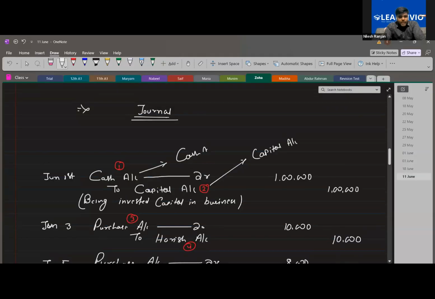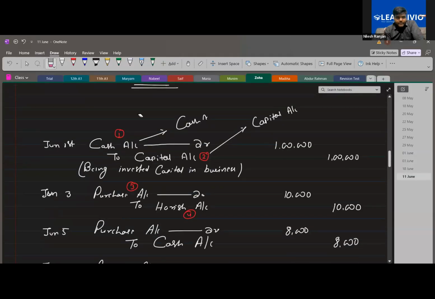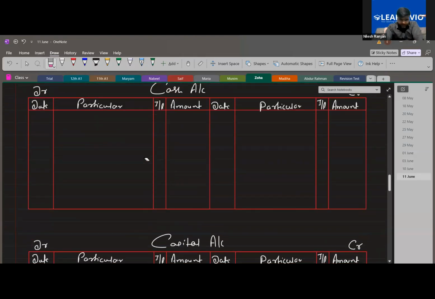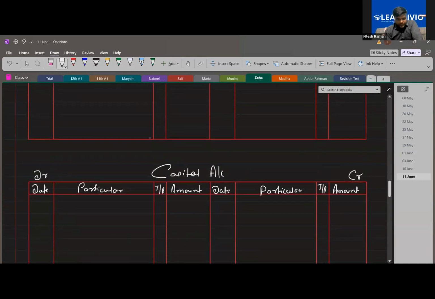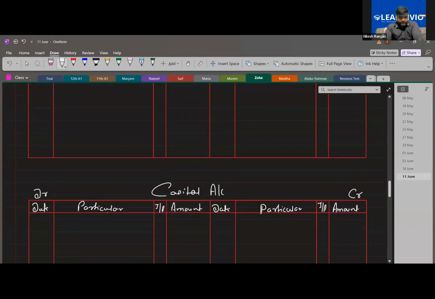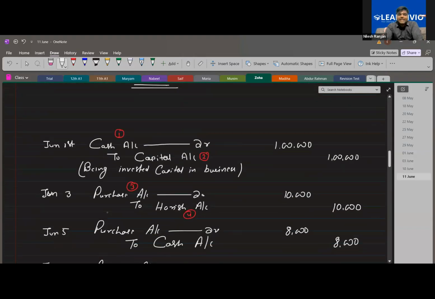Okay, so now I have written cash account debit to capital account. Now we have to decide where it will be written in cash and capital, because there are two sides, one debit, one credit. It will go on any one side. First of all, we have to see the side of the account in the journal.